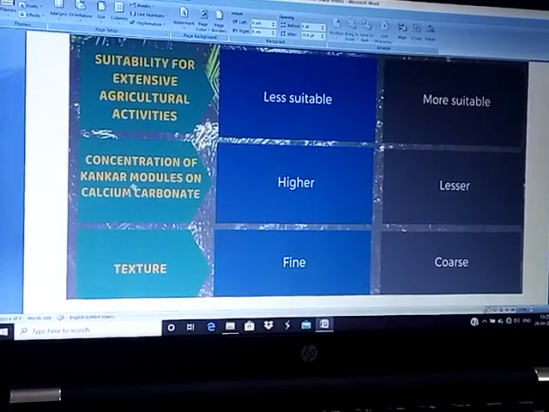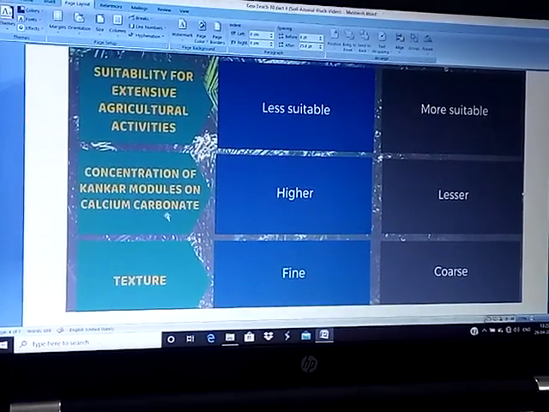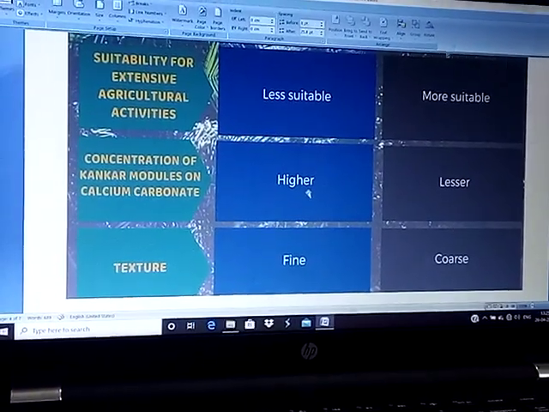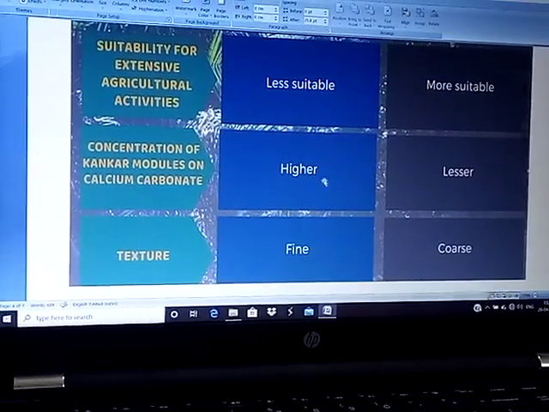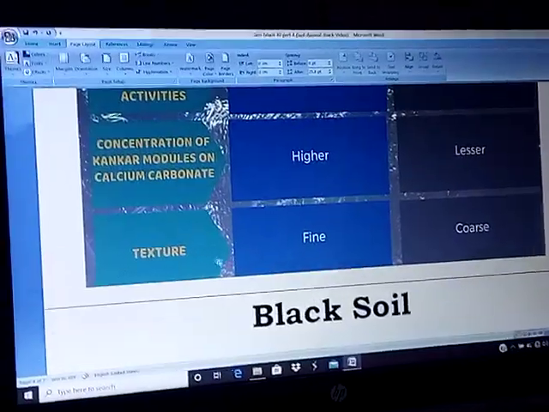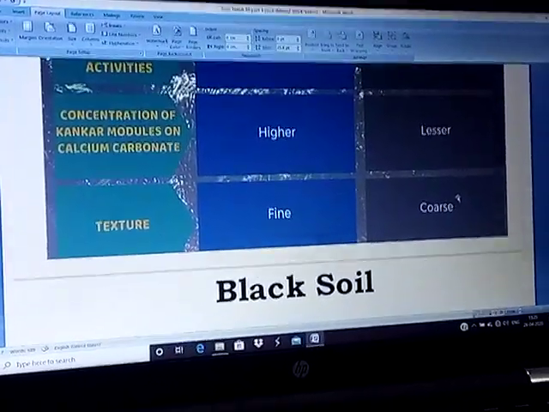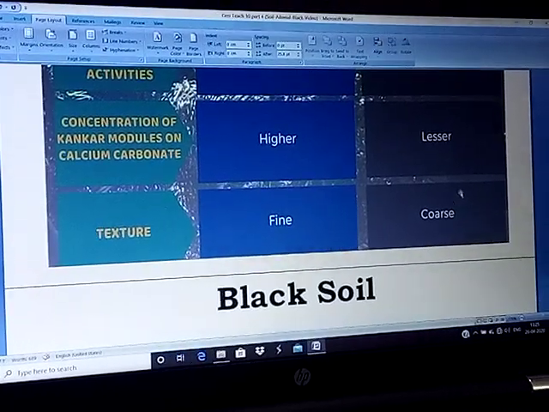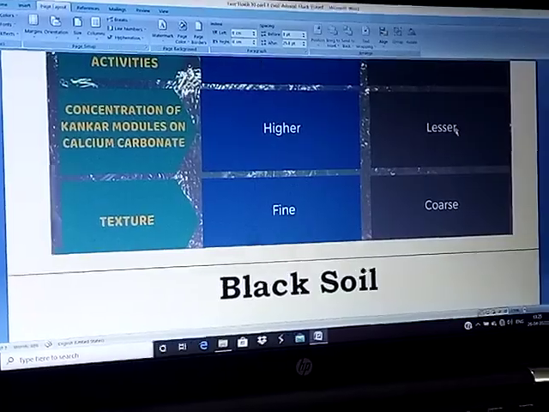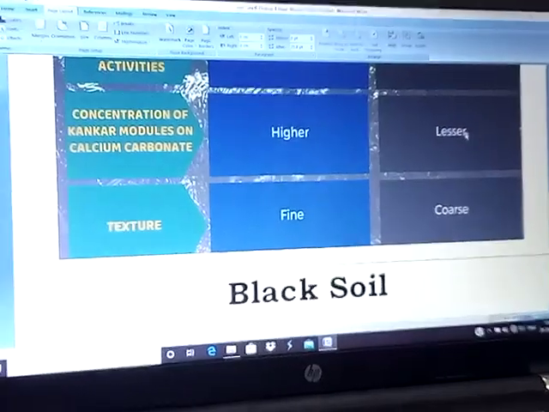Concentration of conker nodules of calcium carbonate: in Bhangar, calcareous conker type of things are much higher, whereas in Khadar it is less. Texture: Bhangar is fine and Khadar is coarse. So this is how we get the alluvial soil type.